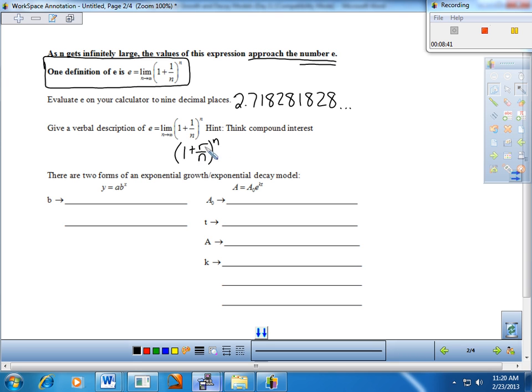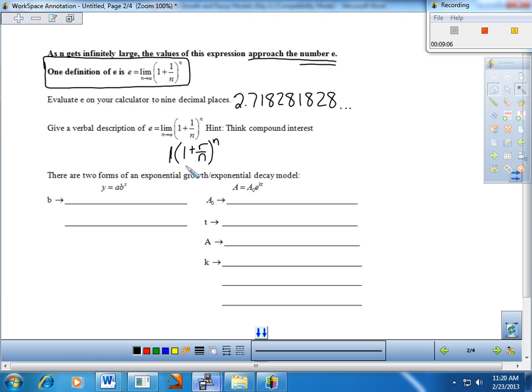In this case, what would the R value be if I just put a 1 right there? What would be the percentage? Well, I'm hoping you would agree that this would be 100%, right? So R would be 1, so that's 100%. And we never really talked about the principal out in front, but theoretically when we talk about an effective rate increasing, we talk about it increasing from $1. Think about like a little 1 standing out in front.